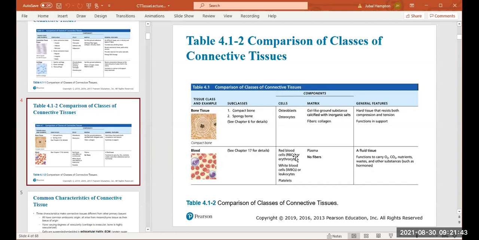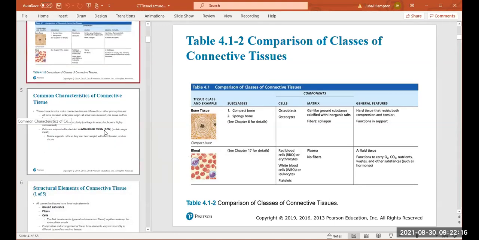Hemoglobin is a protein that carries oxygen and releases it in tissues that need it and will pick up carbon dioxide to carry away to the lungs. White blood cells have no hemoglobin, and this is why they're called white, because hemoglobin is a protein that is notably red, and that's because of the presence of iron. We'll get into that detail when we get to blood as a lecture, but that's it for now.